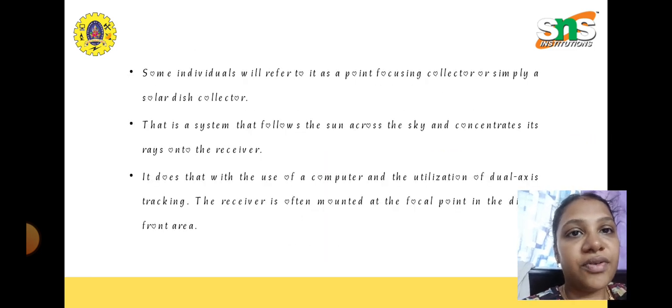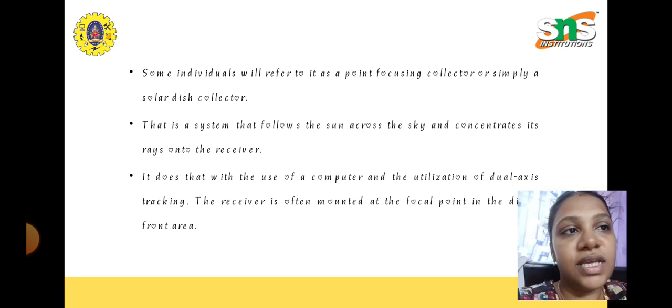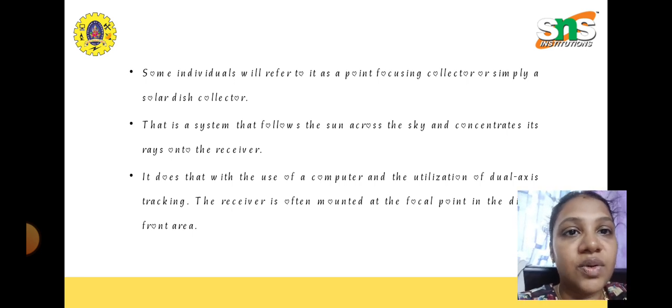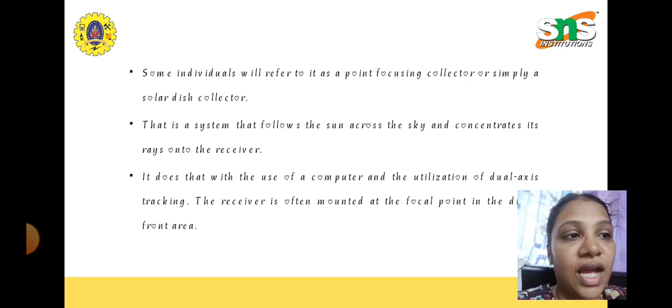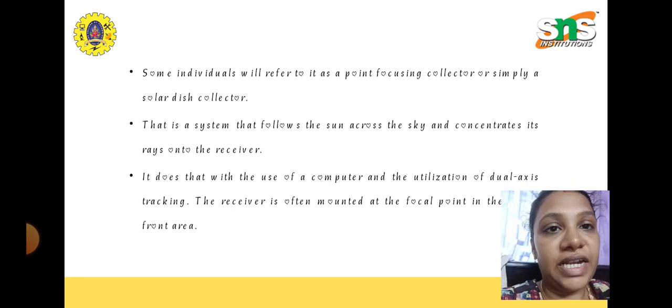For a few individuals, it is also described as a point focusing collector, simply a solar dish collector. It is a system that follows the sun across the sky and concentrates its rays into the receiver. It does that with the use of a computer and dual axis tracking. The receiver is often mounted at the focal point in the dish's front area.